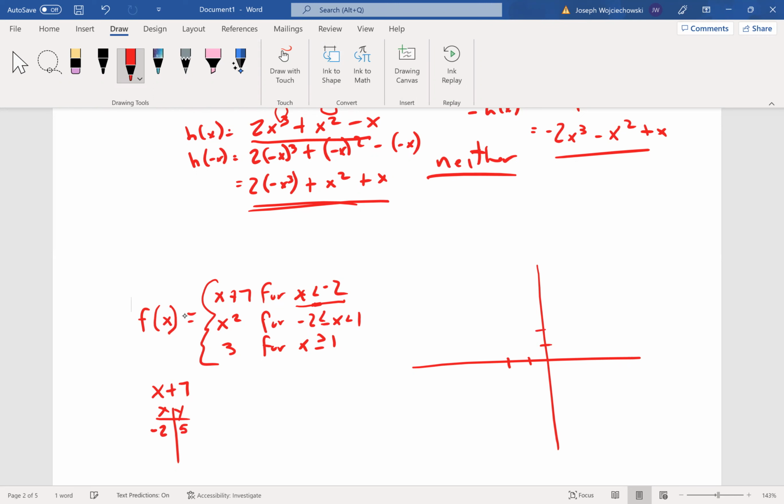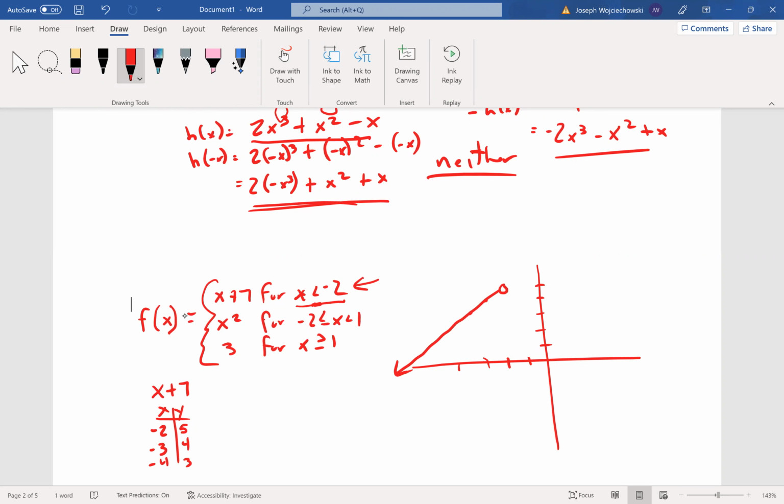So we go up here. Now this point is not included, so we use an open circle. Now to complete this graph, we keep going less than negative 2. So let's go with negative 3. What do we end up with? 4. And negative 4, 3. So essentially that is this part of the graph.